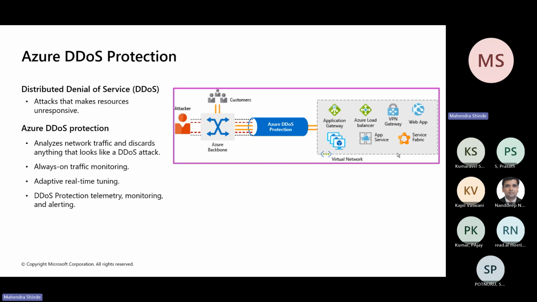You might have load balancers configured, like Azure load balancer or application gateway. You can even extend this protection to your on-premise or other cloud network via VPN gateway and service fabric, of course. So whatever is deployed inside this virtual network, you will protect using DDoS protection.